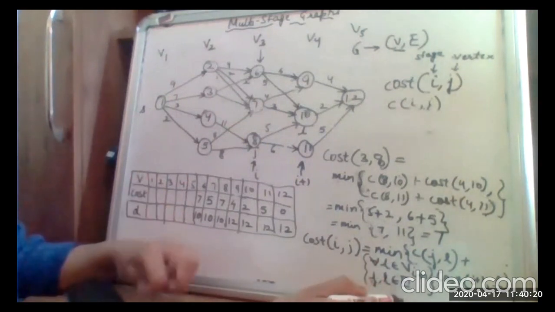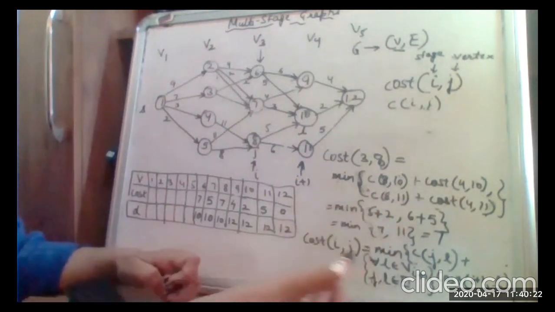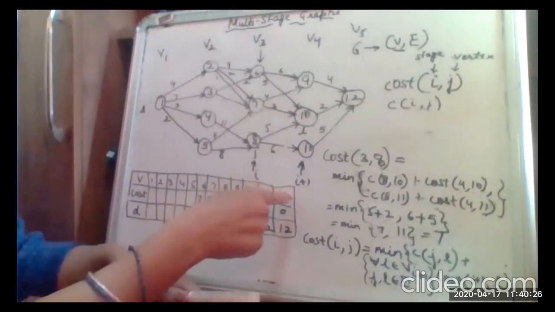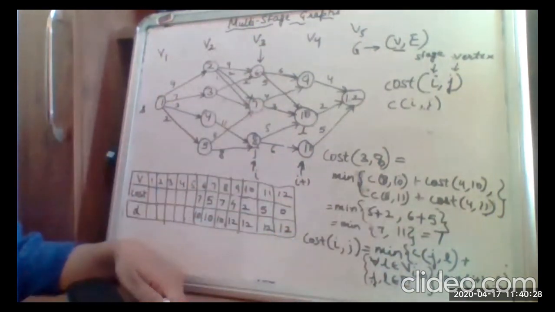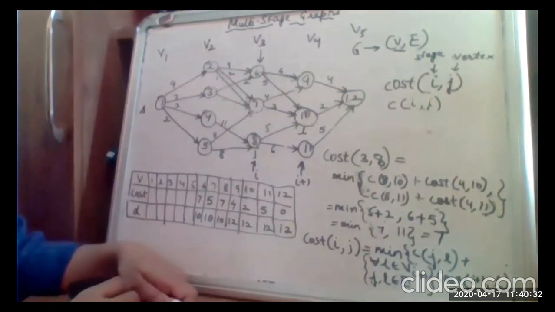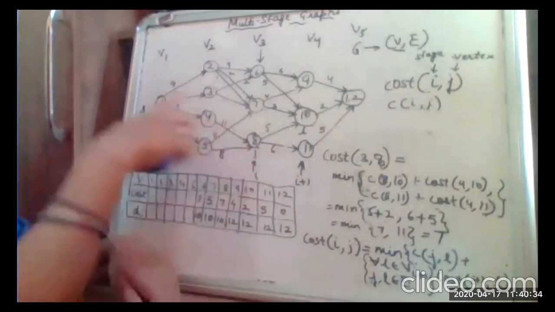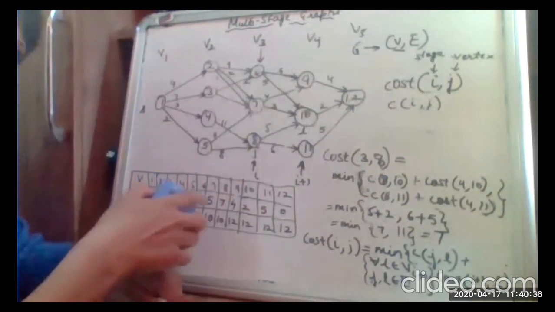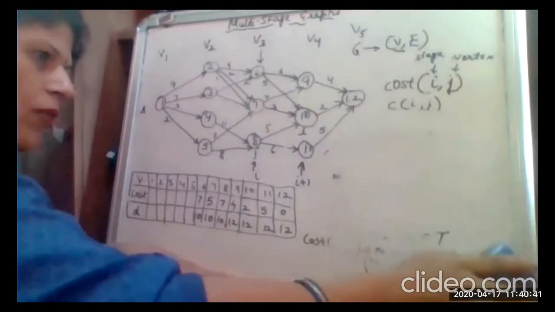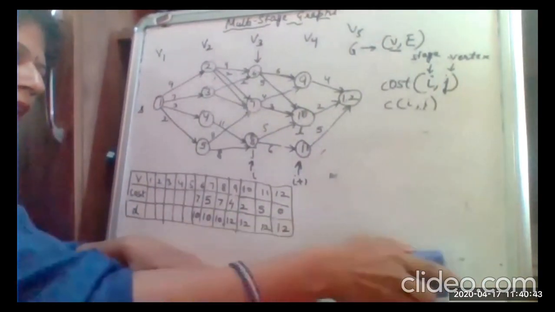That edge should exist. Then we consider all those Lth vertices in the I plus 1th stage and find out the minimum of that. I hope this general formula is clear. Yes, so we will use this general formula for the remaining ones also. So let me now erase this and write this formula clearly again.